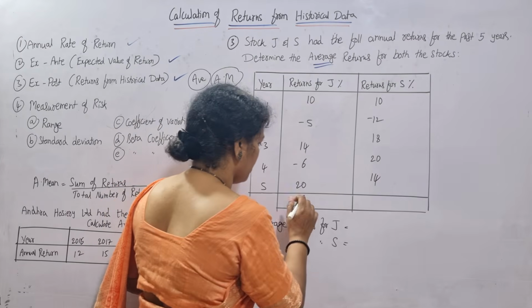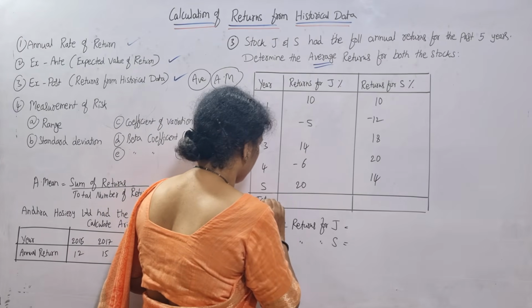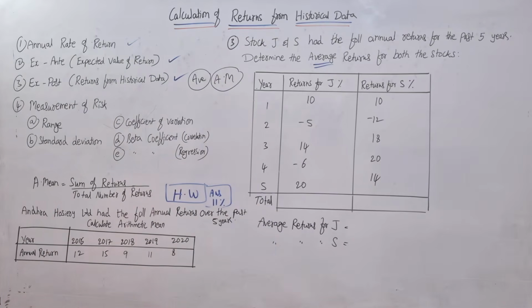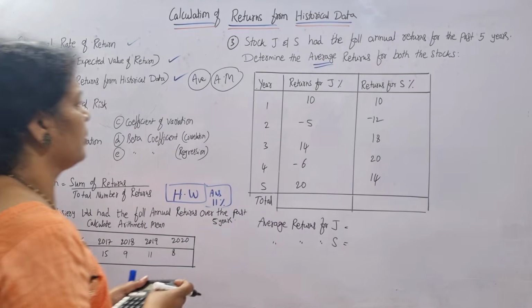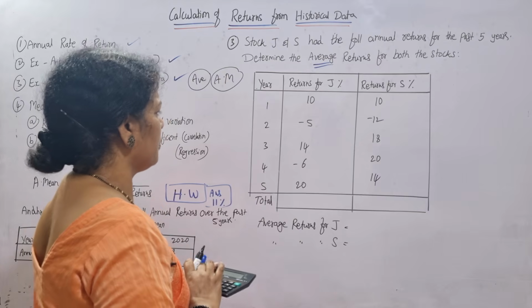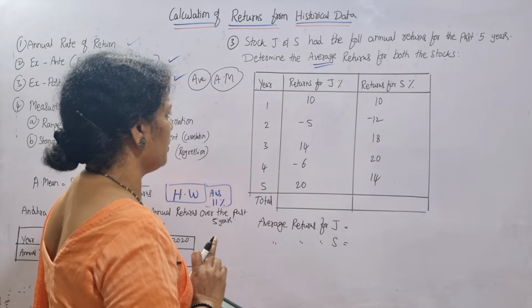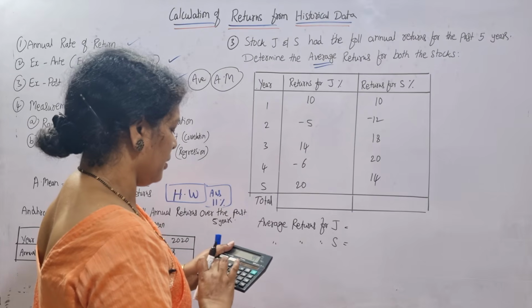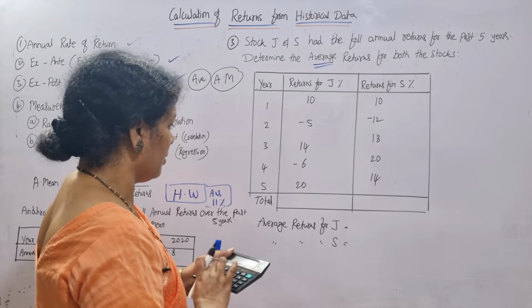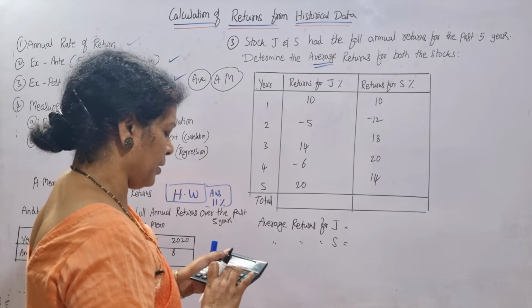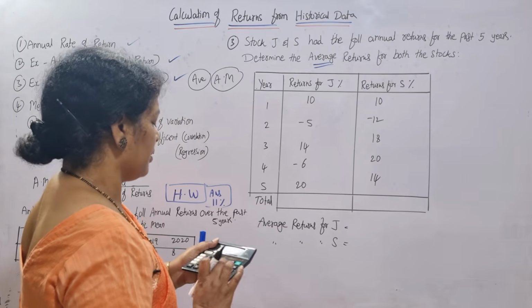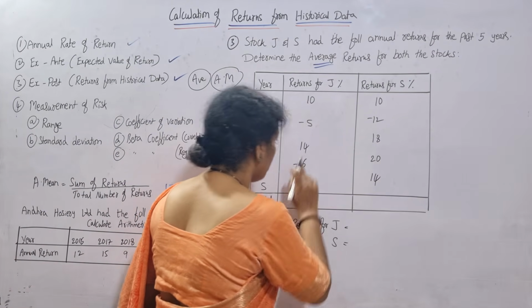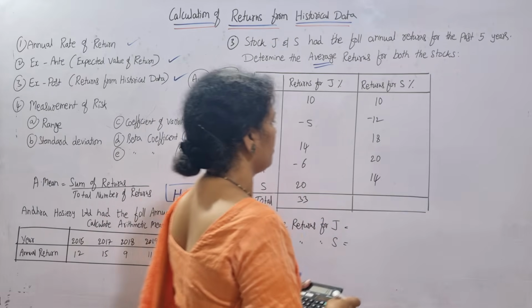We will calculate the total first. So 44 minus 11 comes to 33, yes. This total is 33.